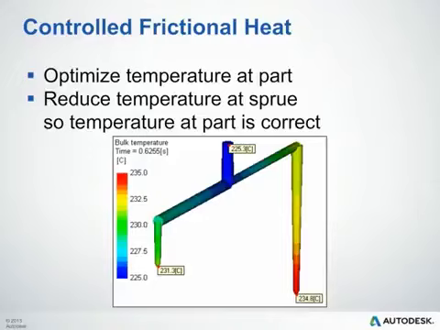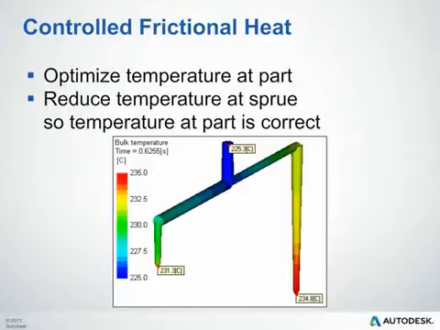So it's important to be aware of this concept because when you add your feed system and adjust your injection location to the top of the sprue, your melt temperature will actually be higher as it's entering the part. So we may need to reduce the melt temperature in your process settings.